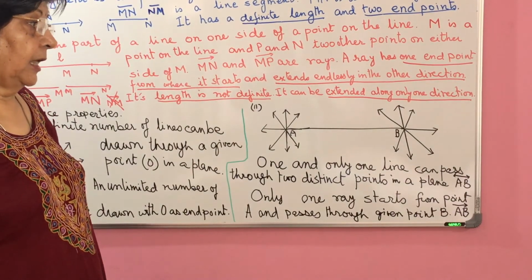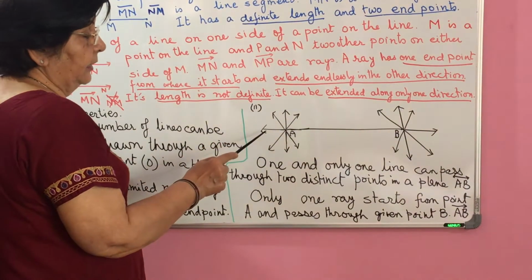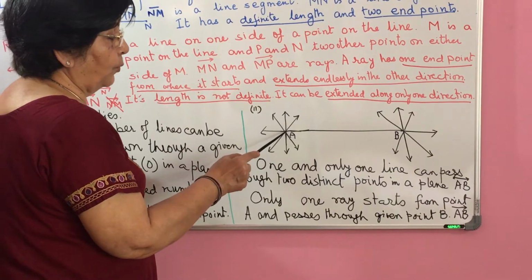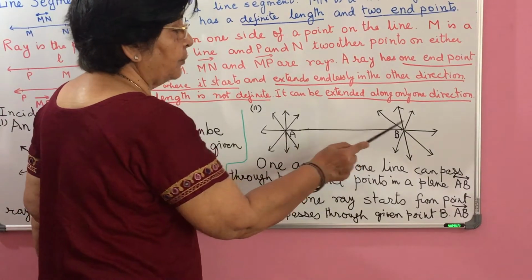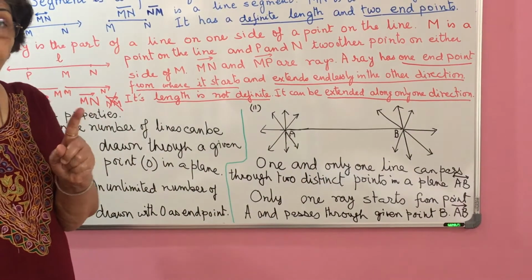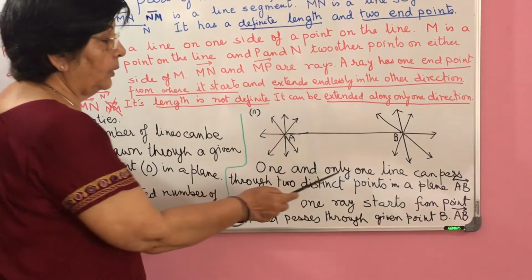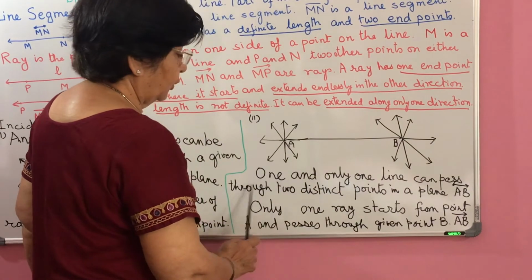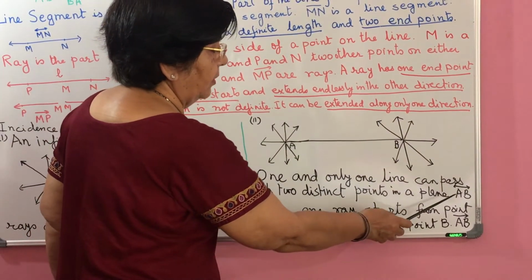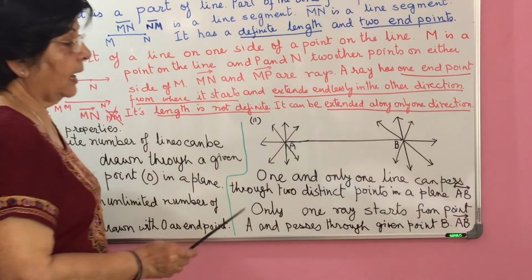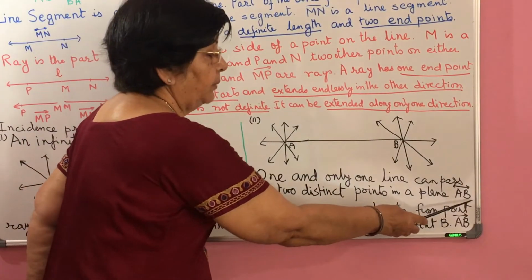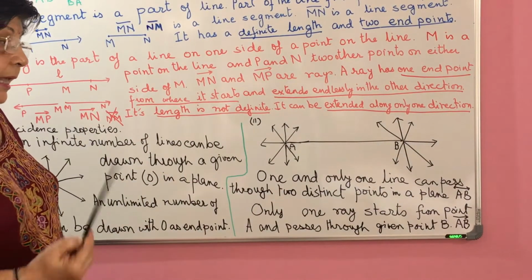But a line which passes through both A and B is one and only one. So we say that one and only one line can pass through two distinct points in a plane. And that line is line AB, or I can write line BA.